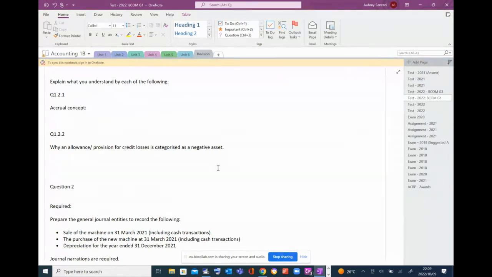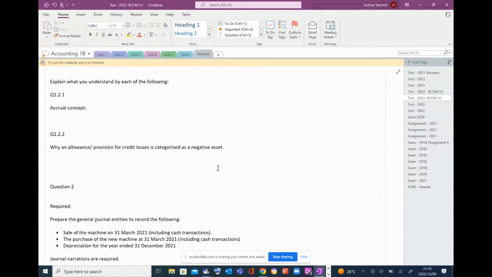Okay, guys, so the accrual concept: we're talking about how everything needs to be recorded when it is incurred, or when the transaction has taken place. It must be recorded in that financial period, not necessarily when it's earned or when it's paid for. So you are supposed to write something to that effect, and then also say that incomes must be recorded when they are earned, not when they are received.